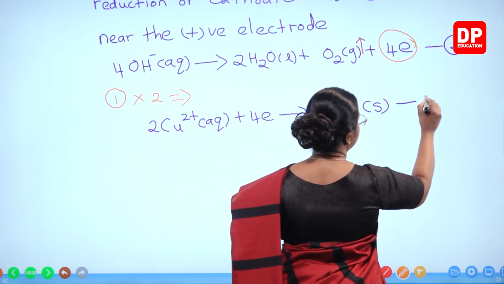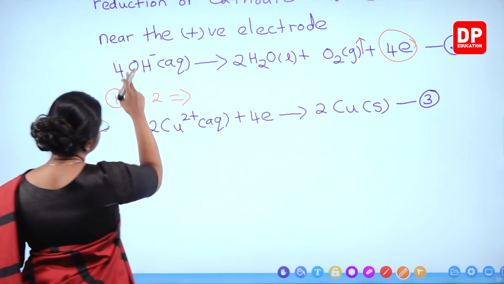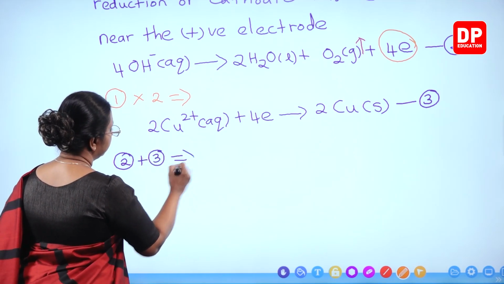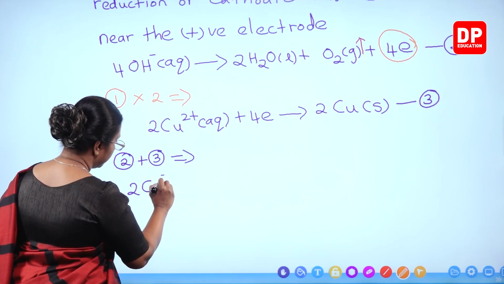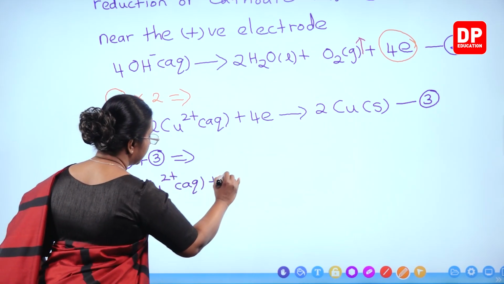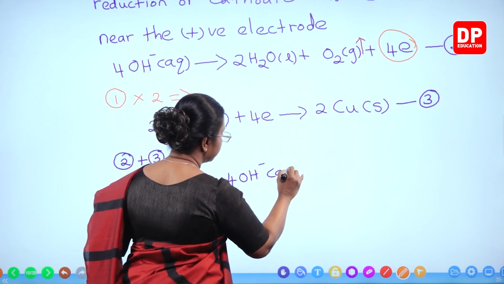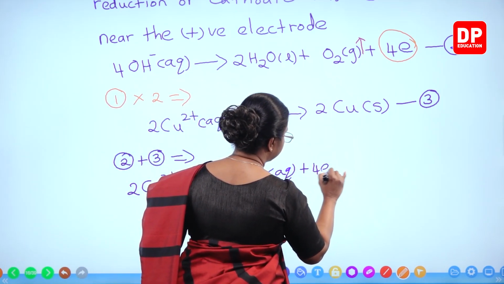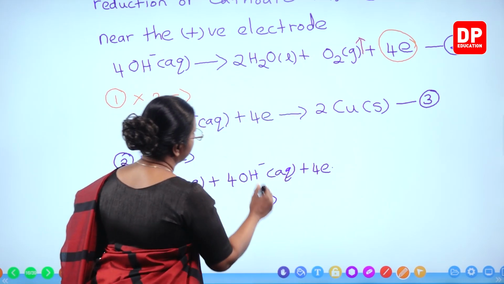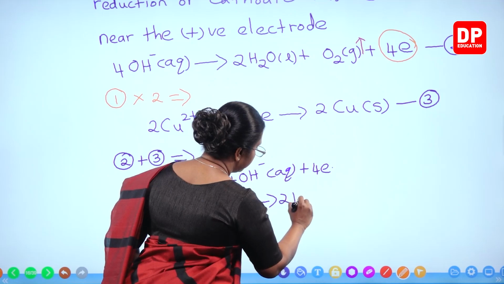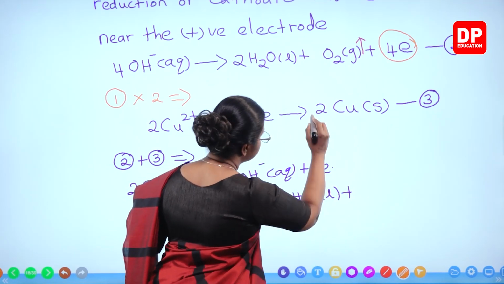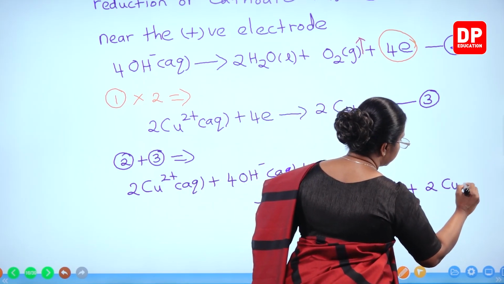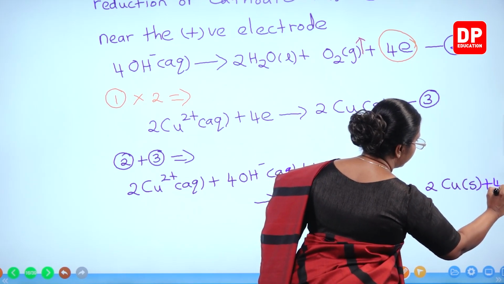Then if we label that as 3, now you can add up the second and the third equation. 2 plus 3 will give rise to 2Cu2 plus aqueous plus 4OH minus aqueous, we are adding these two, plus 4 electrons gives rise to 2 H2O liquid plus O2 gas plus 2 Cu solid and 4 electrons.